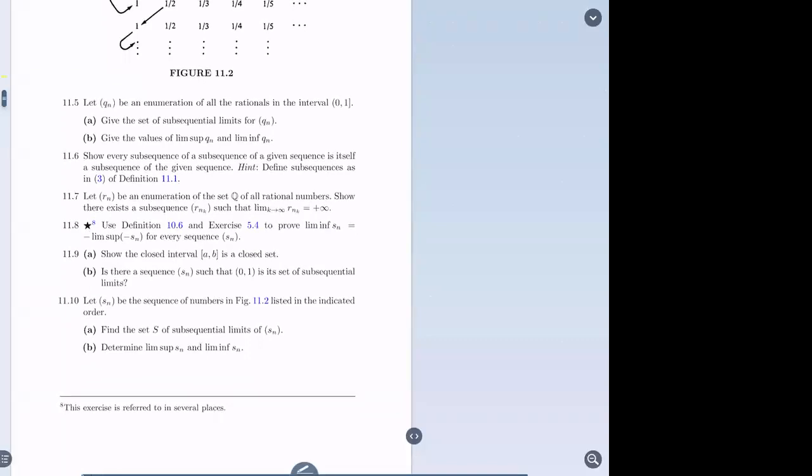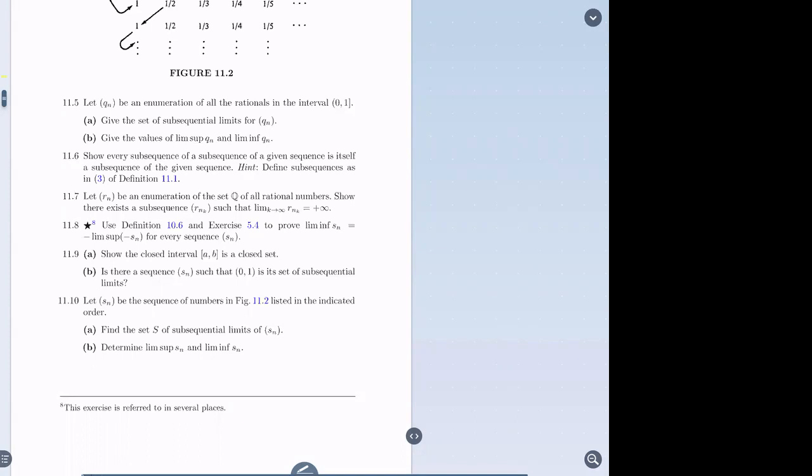So let's do 11.7. Rn is an enumeration of the set Q of all rational numbers. So this one is a bit harder to imagine, right? Because the one I wrote is clear. It's an enumeration of rationals on the interval (0, 1). There actually is a sequence that enumerates all rational numbers. This one is a bit harder to imagine, but yeah, it is doable.